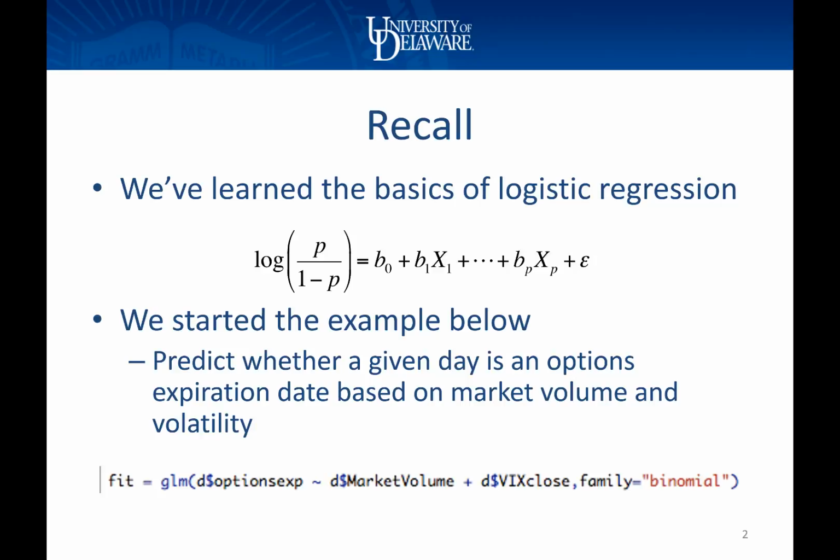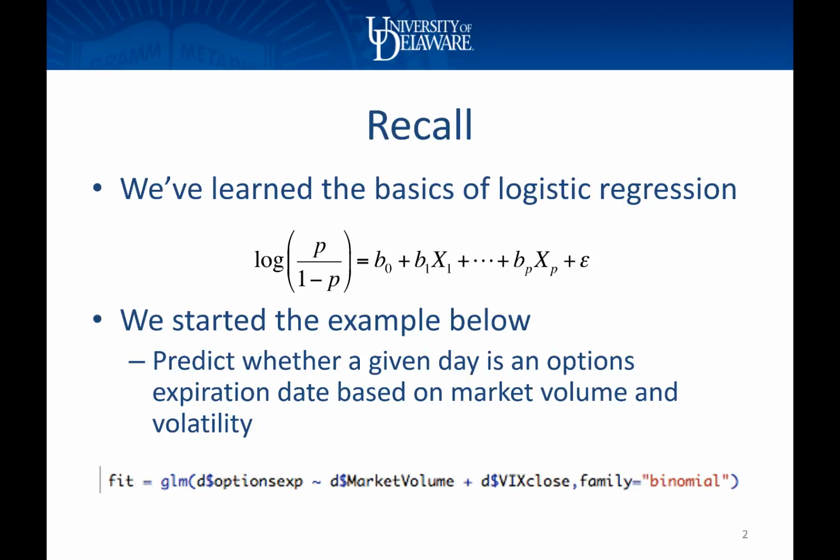This is the code that we learned how to use, and we saw that we still store the model as something called fit, or anything else that we want to call it, but we're going to have to use the GLM function instead of the LM function. And remember, the reason is because we need to use something more general that allows for the very particular violation of the normality assumption that we have.